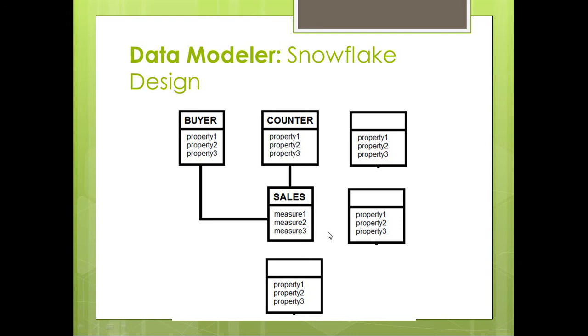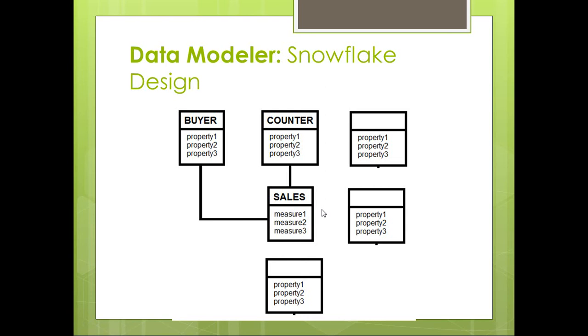So, for example, if you wanted to track the relationship between a counter and a product, how many are sold, so when you sell at a particular counter, how many products are sold, you could include that as a measure.